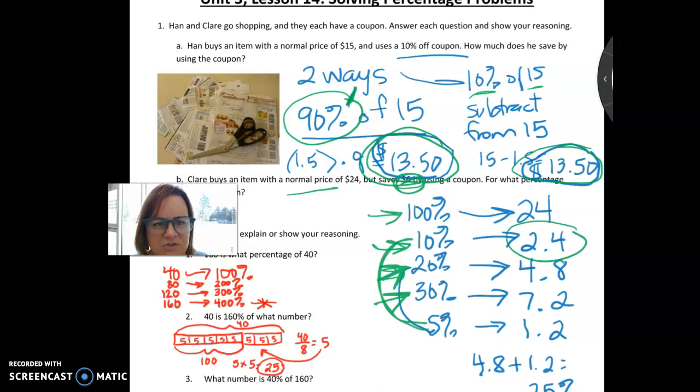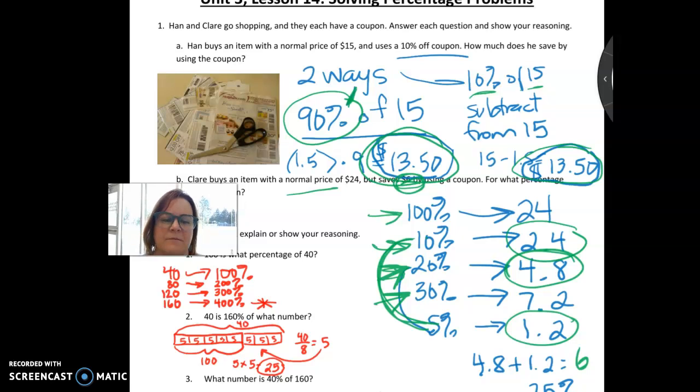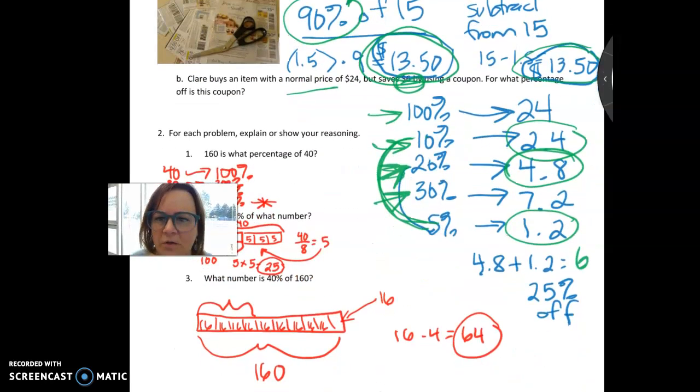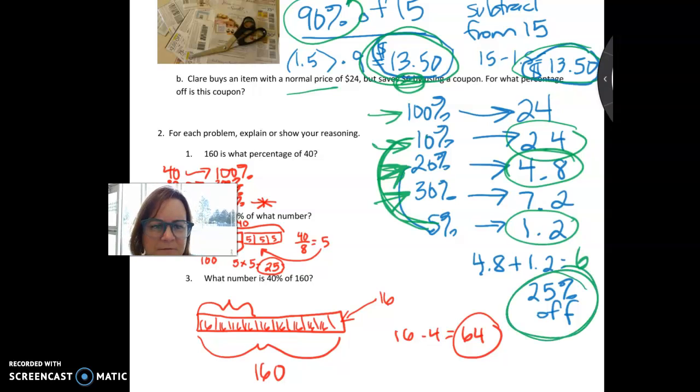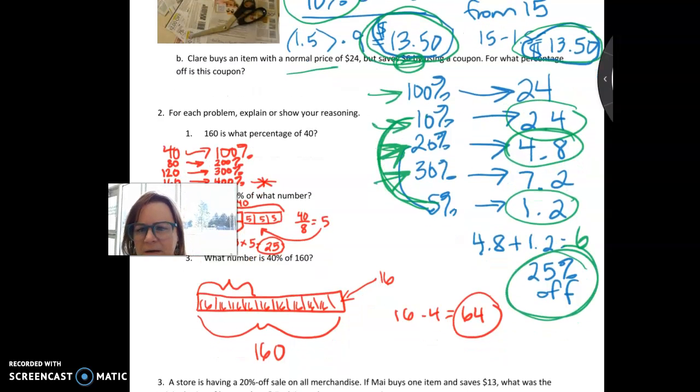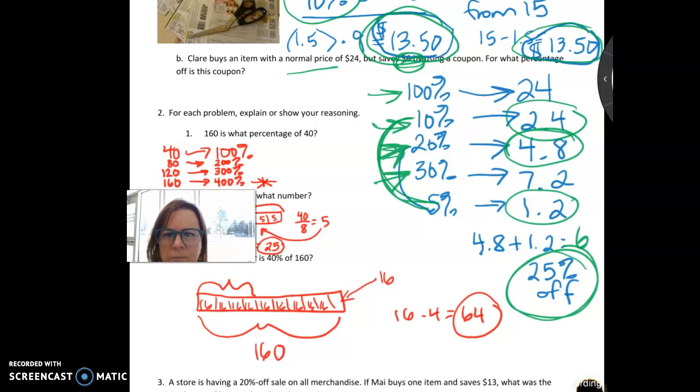If I combine my $2.40 from my 10% and my $1.20 from my 5%, then I get my $6 off. Or excuse me, I circled the wrong one: the corresponding percentages are the 20 and the 5, because $4.80 plus $1.20 is $6. So that's 25% off.